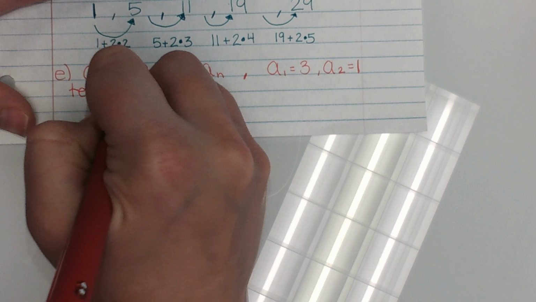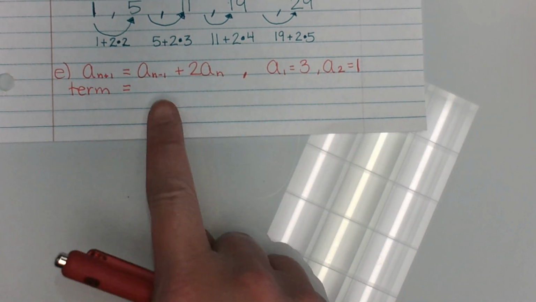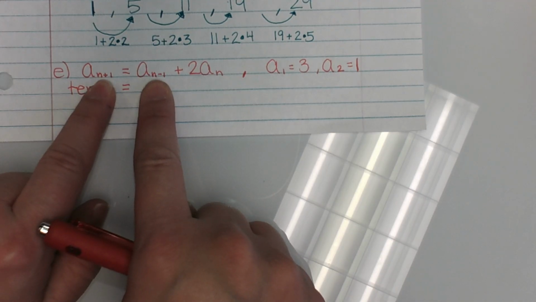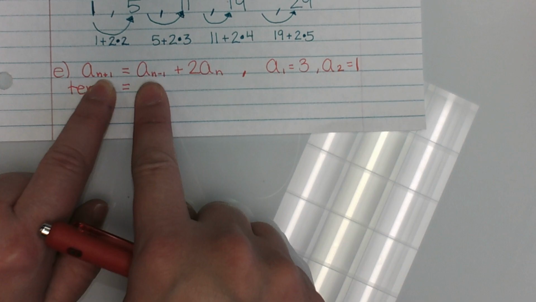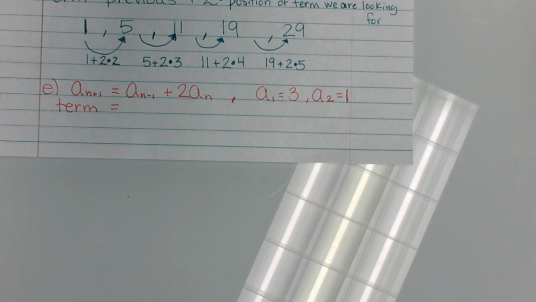The term is equal to... what's the change in my subscript here? How much smaller is this one? It's 2 smaller, which means I need the term that's not previous, but back 2 spots.